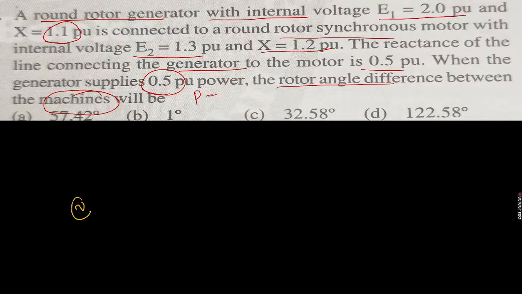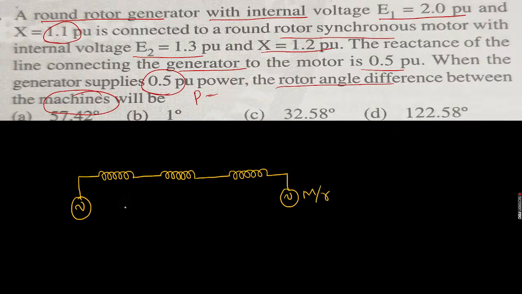Actually, they are considering a generator here. This generator will have certain internal reactance. Then we are considering one more transmission line in order to connect this generator with the synchronous motor. This is the reactance offered by the synchronous motor. So this is motor and this is generator. They told this generator is generating the voltage of 2 per unit, and this one is having the voltage of 1.3 per unit.